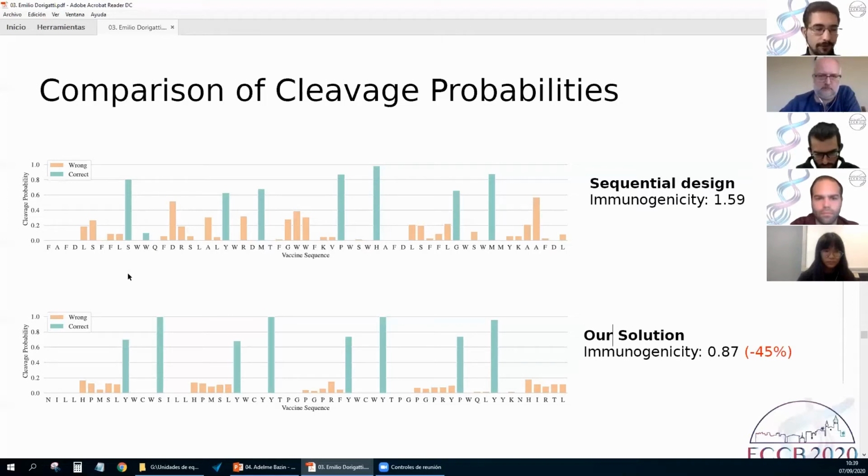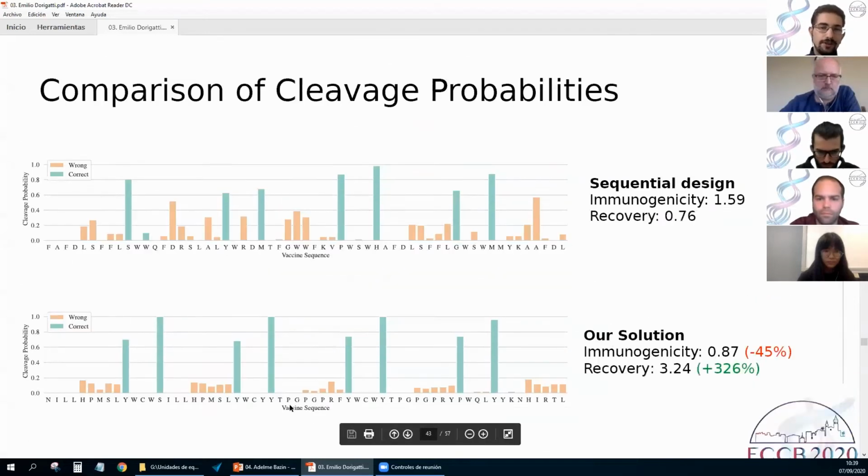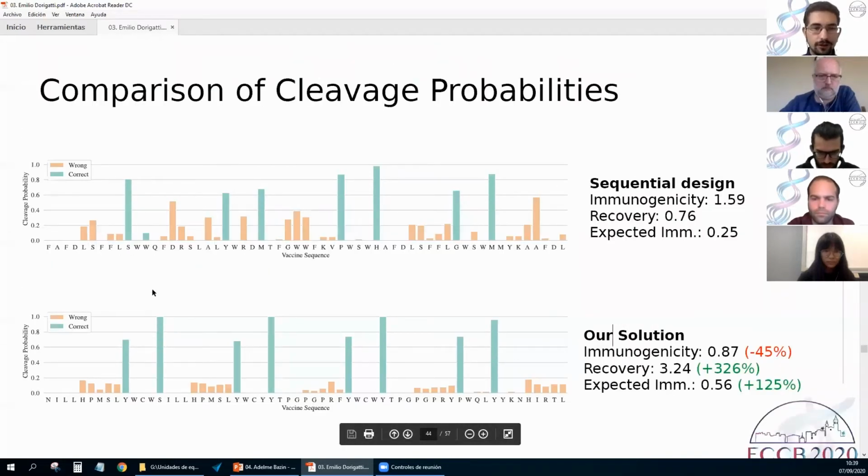But this happened on purpose, because with our solution, the selected epitopes have a much smaller cleavage probability inside. And this means that we can greatly improve the recovery probability of the epitopes. In fact, out of 5 epitopes on average, more than 3 are recovered compared to less than 1 for the sequential design. And this increased recovery rate translates to improved immunogenicity of the whole vaccine.